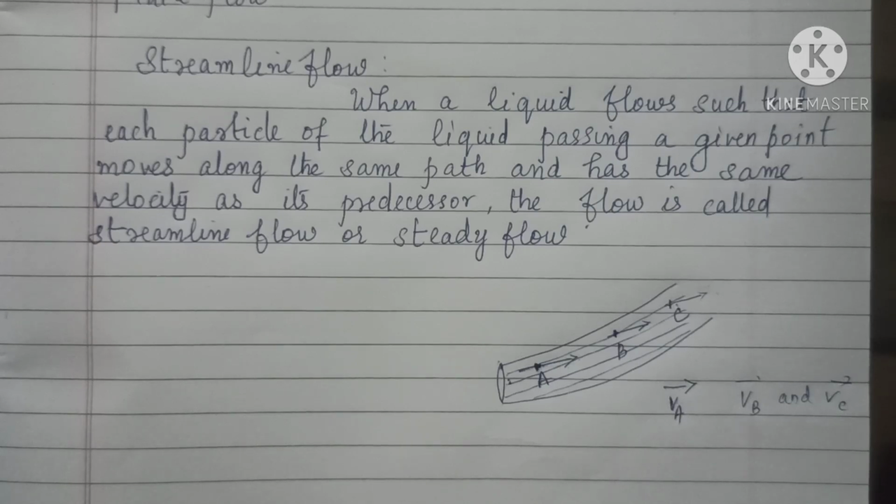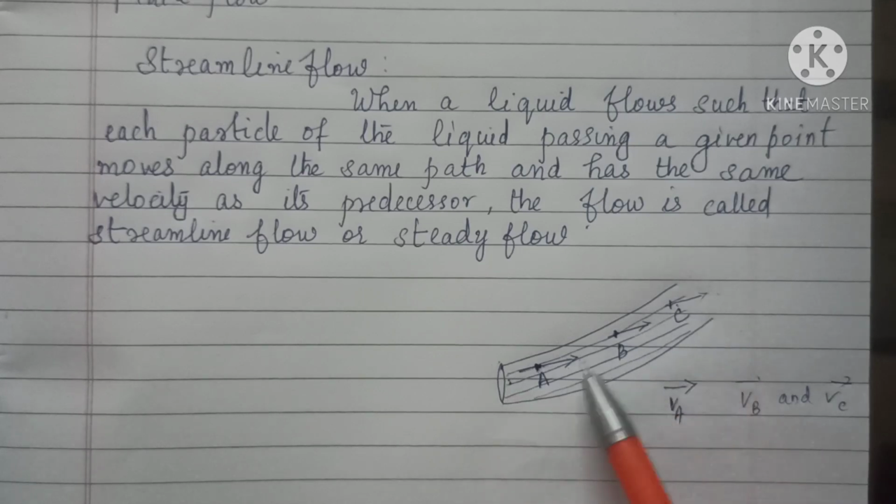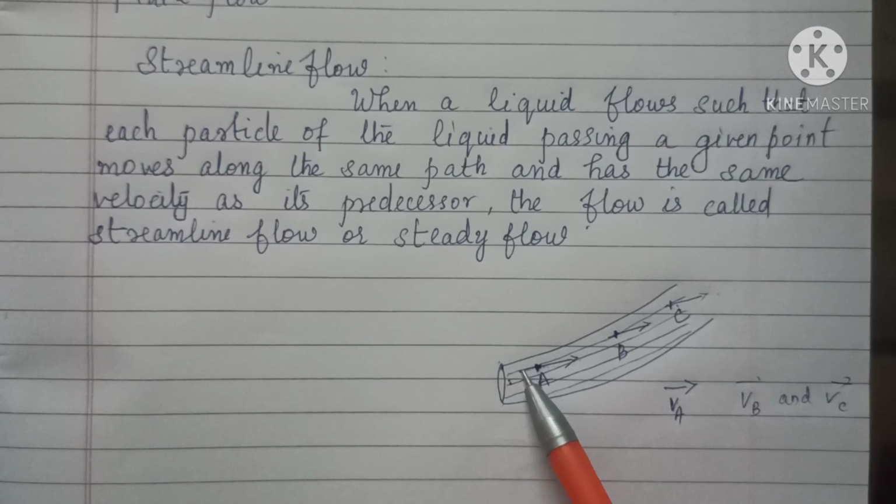Now what is streamline flow? When a liquid flows such that each particle of the liquid, that means in this liquid you can consider a large number of particles, isn't it? So each particle of the liquid passing a given point, suppose I consider the point A, moves along the same path and has the same velocity as that of the predecessor.